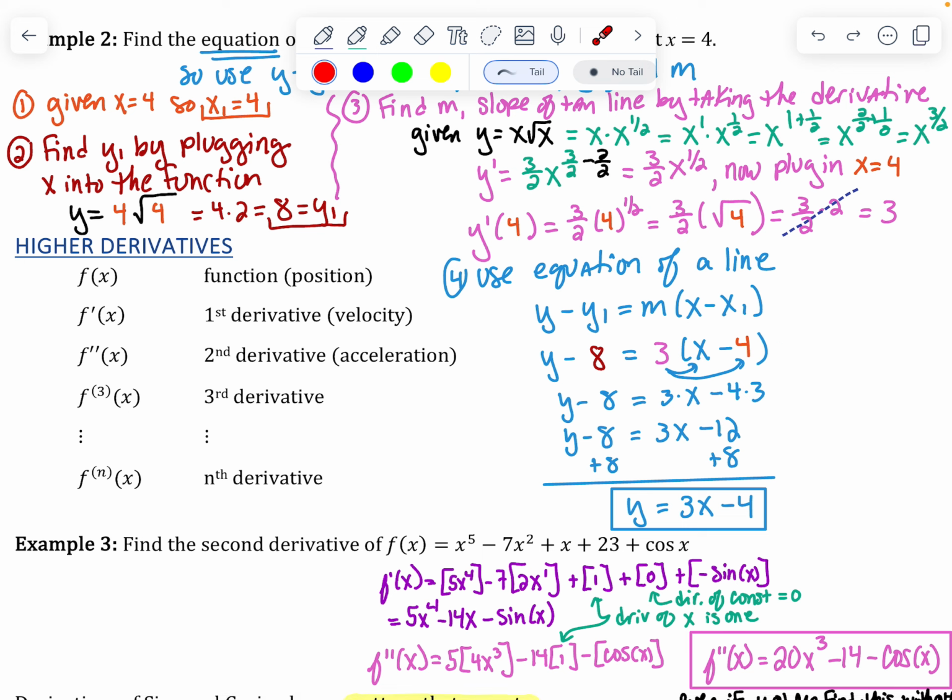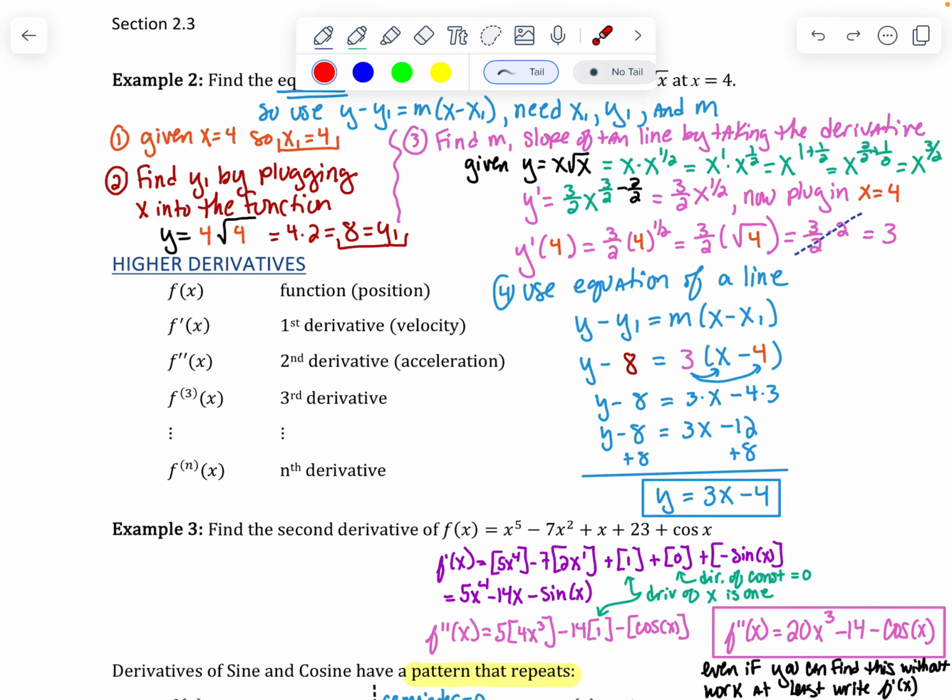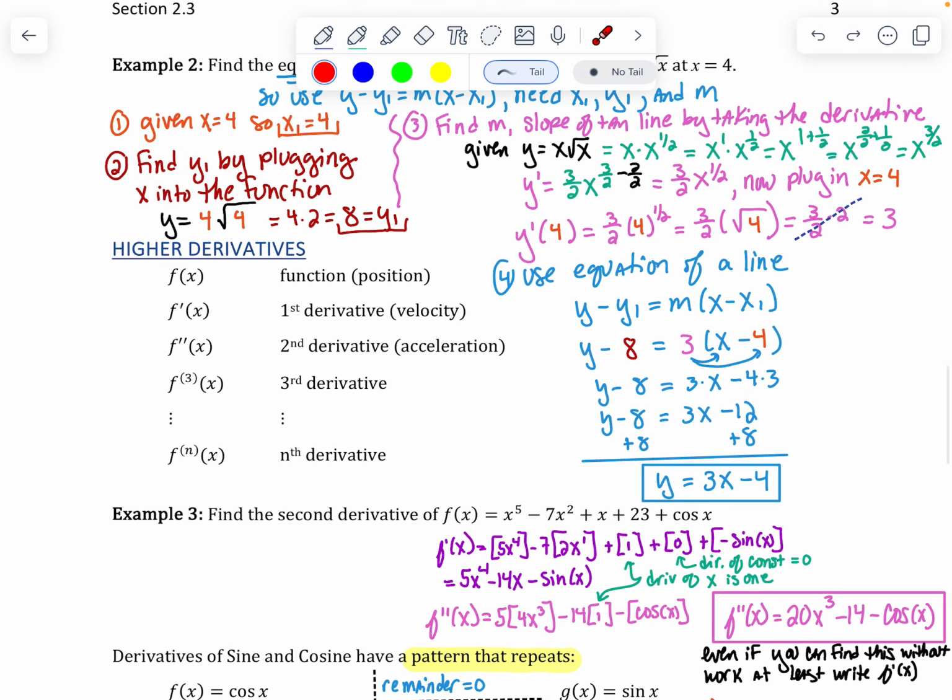I'll start by distributing the 3 to the x to get 3x, the 3 to the 4 to get a 12, but it was minus, so I've got my minus 12. And then I'm going to move the 8 over by adding the opposite to both sides. Negative 12 plus 8 is negative 4, and I have my equation of the tangent line. This is the answer.